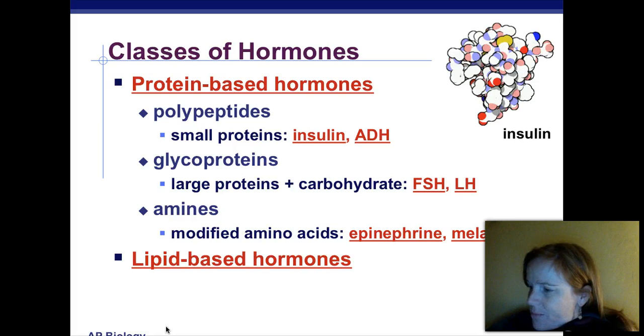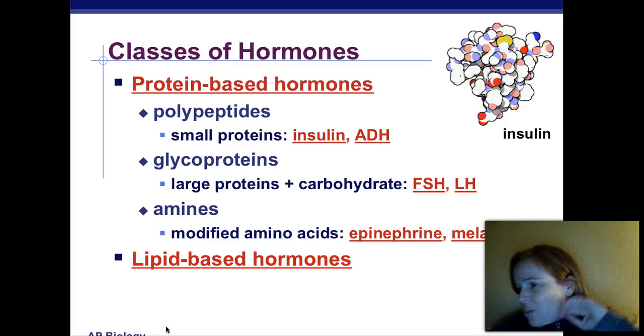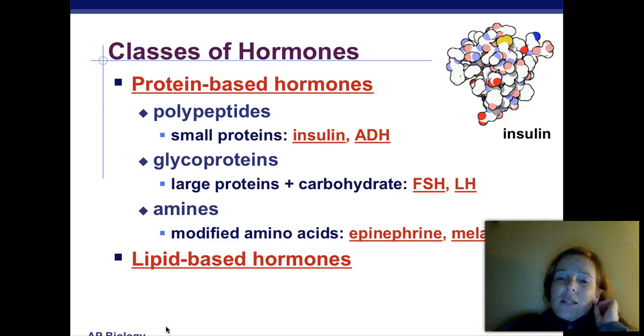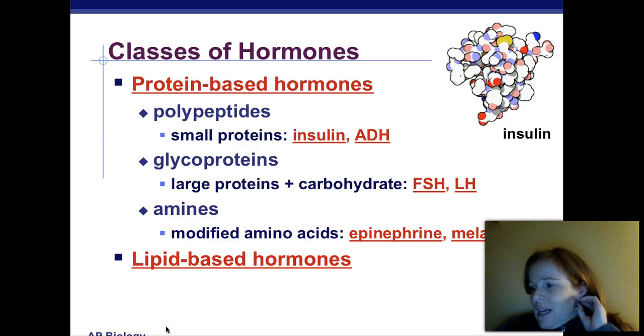I'm trying to remember what page the chart is on in your book. But ADH is anti-diuretic hormone, or vasopressin. I learned it as vasopressin, but the more common name now is anti-diuretic hormone. So it helps regulate blood osmolarity. So osmolarity, like osmosis. ADH is one of several hormones that regulates kidneys.